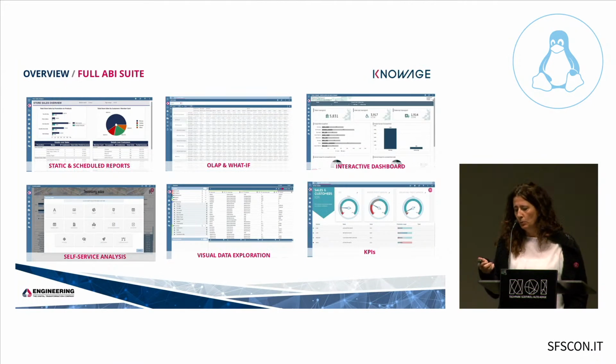And you can use interactive dashboards, that is the common use of BI today. And the user can also produce his own dashboard using this solution for self-service analytics, to produce analysis in an autonomous way.